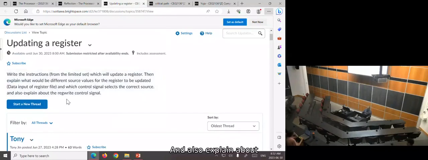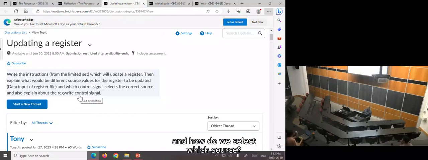And also explain about the write control signal. Okay. So there are different questions. Which instruction updates the register? What would be the source values? And how do we select which source updates the registers?